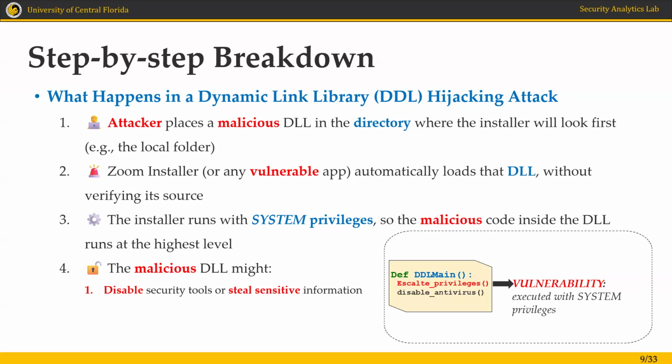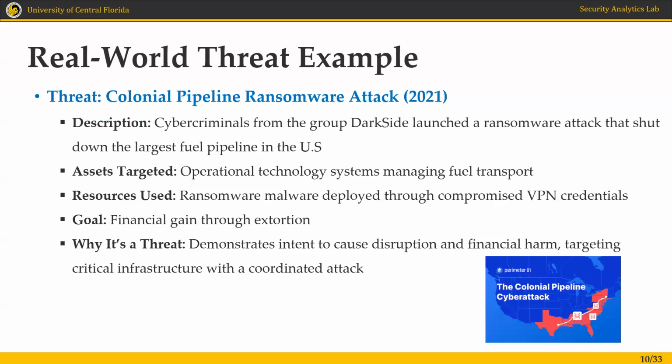As you can see here, escalate_privilege is the vulnerability, such that it's executed with system privileges. So the malicious code inside the DLL runs at the highest level. The malicious DLL, which could be anything, can disable security tools or steal sensitive information.